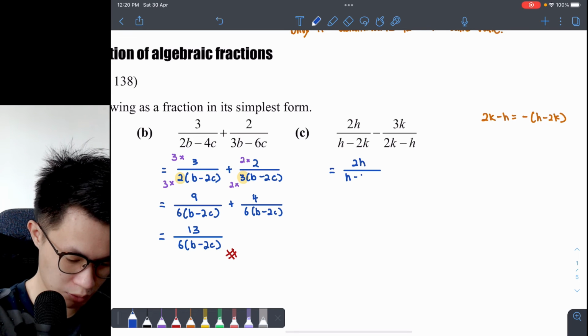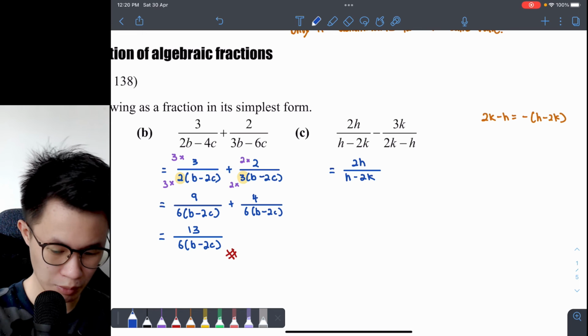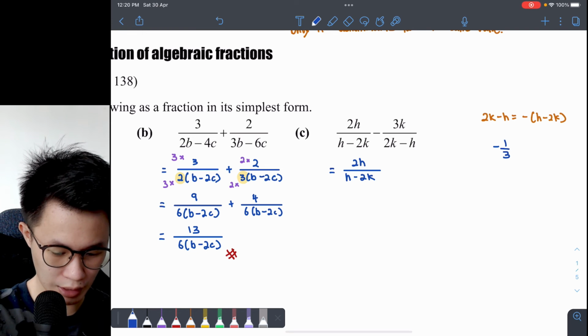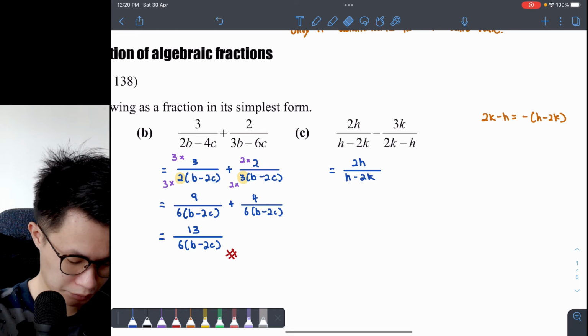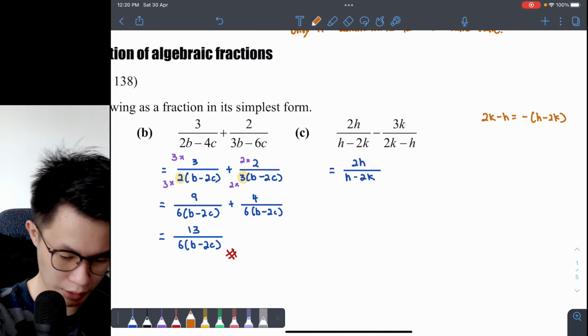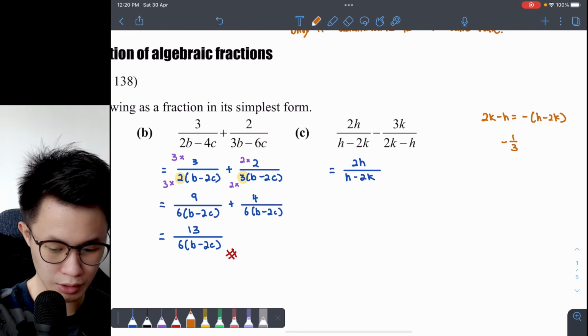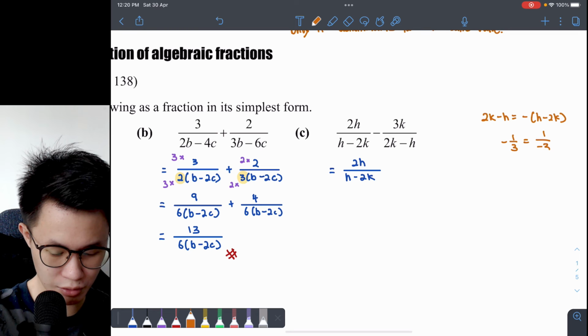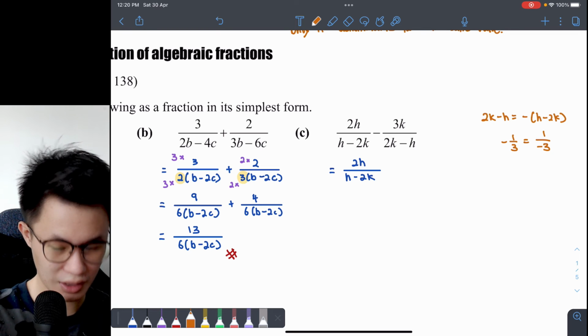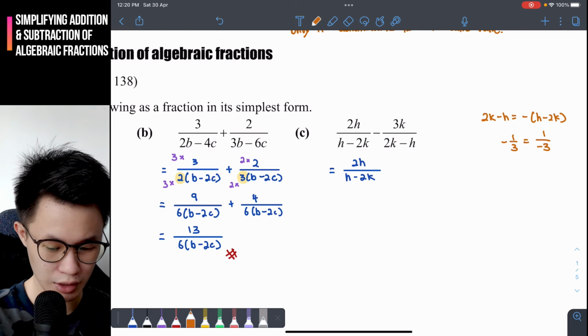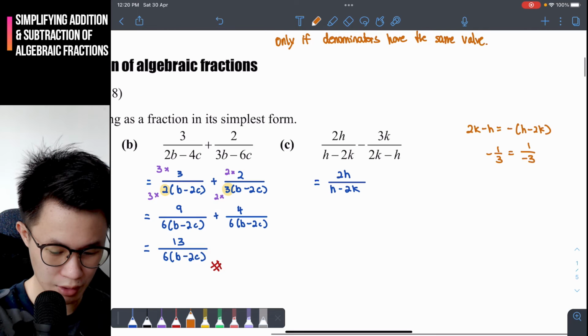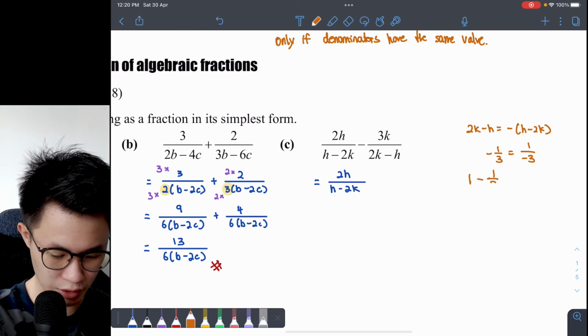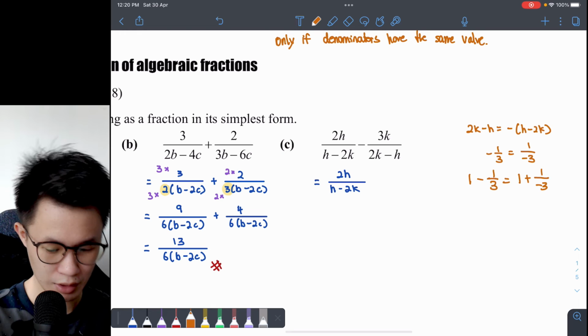over h minus 2k. Now remember, one thing about fractions is that if I have negative 1/3, I can write it as 1 over negative 3. So it becomes positive, right? Kind of becomes positive on the outside, right? So if I say 1 minus 1 over 3, can I write it as 1 plus 1 over negative 3?